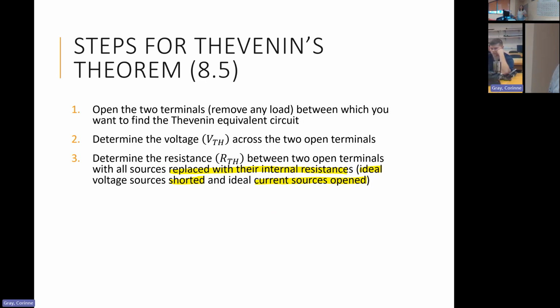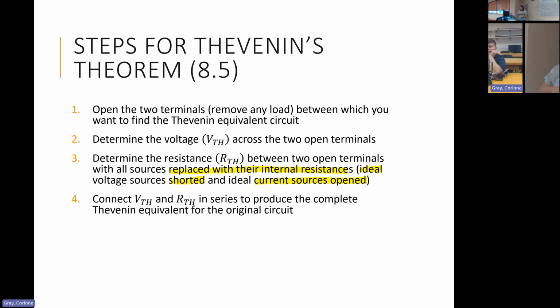I heavily recommend redrawing the circuit before you find this resistance value, because when we do these replacements, what was in series and parallel might change. Connect VTH and RTH in series to produce the complete equivalent for the original circuit.